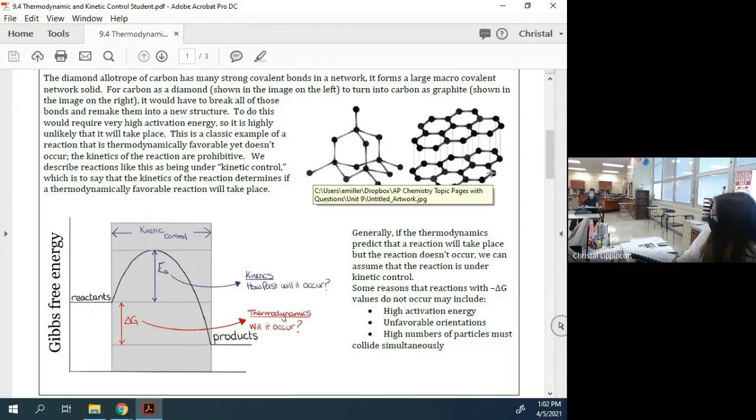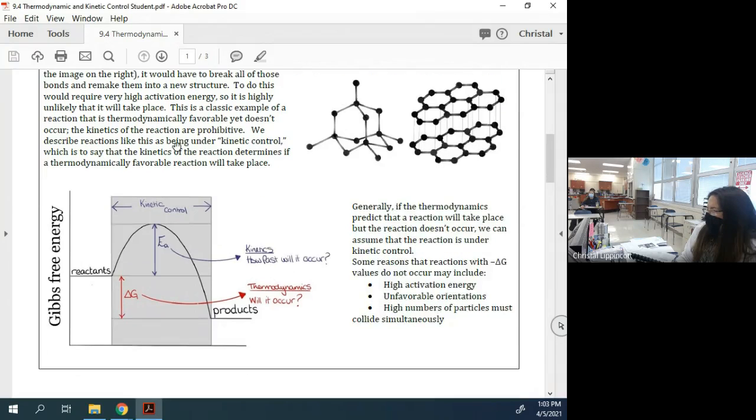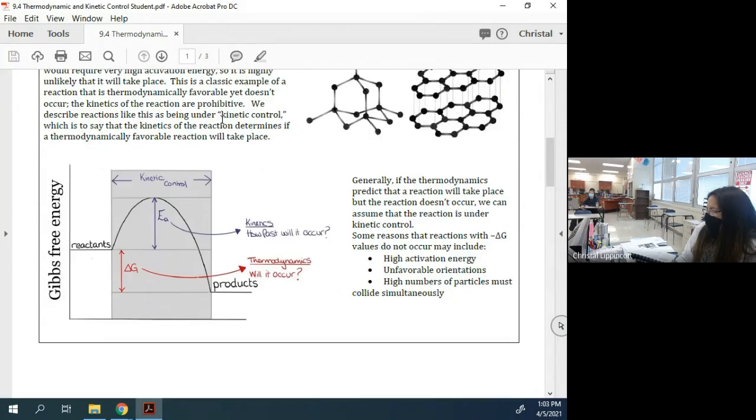You're ripping apart some of these sheets of graphite, and that's what's being left behind on your paper and your pencil. But we need a very, very high activation energy in order to have that happen, which in real life doesn't occur at normal room temperatures. So that's a good example of a thermodynamically favorable reaction that doesn't actually occur.